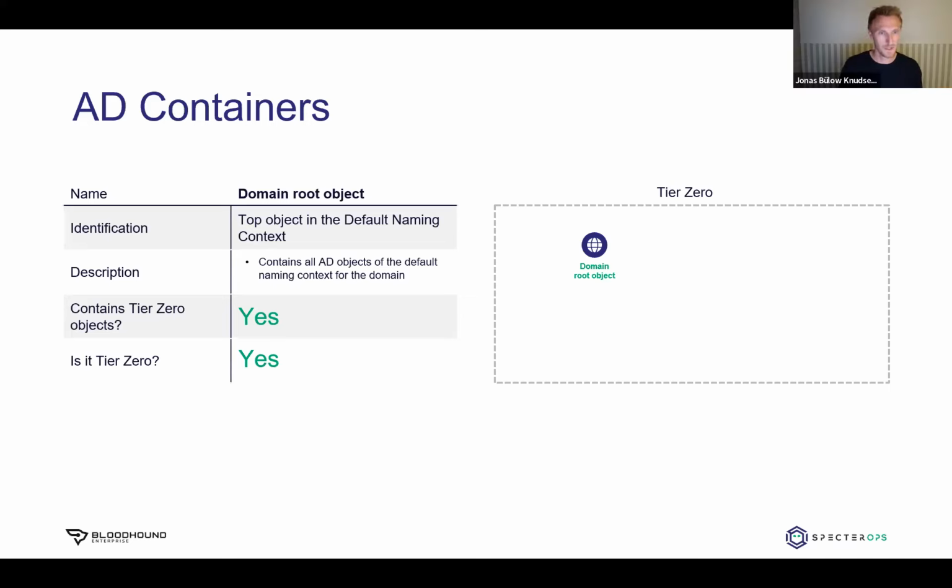Good point. Yeah. The next one, AdminSDHolder. AdminSDHolder is a container that exists under another container called System. And this container is kind of funky. It doesn't contain anything, so the immediate thought would be that this is not important.